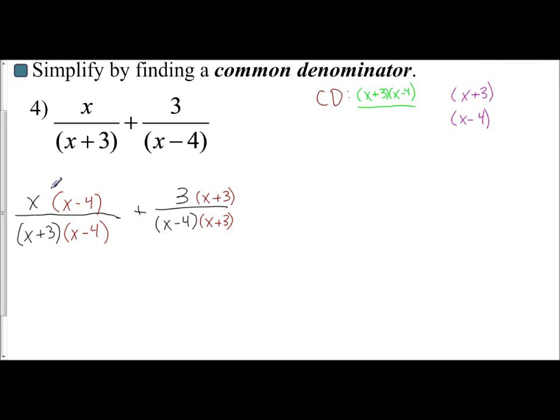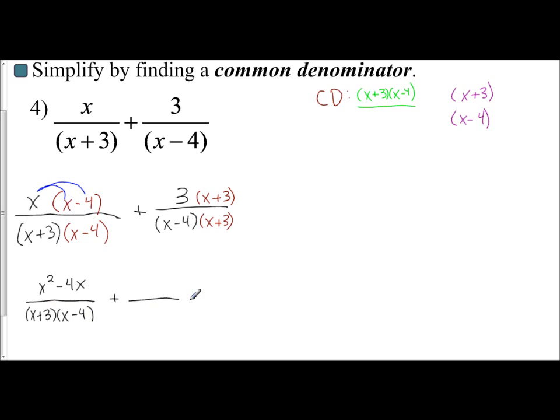So to simplify, what I'm going to do is distribute across the top. And that's going to give me x squared minus 4x over my x plus 3, x minus 4.